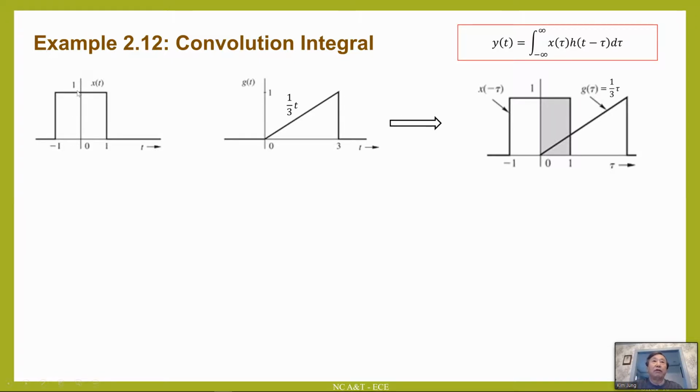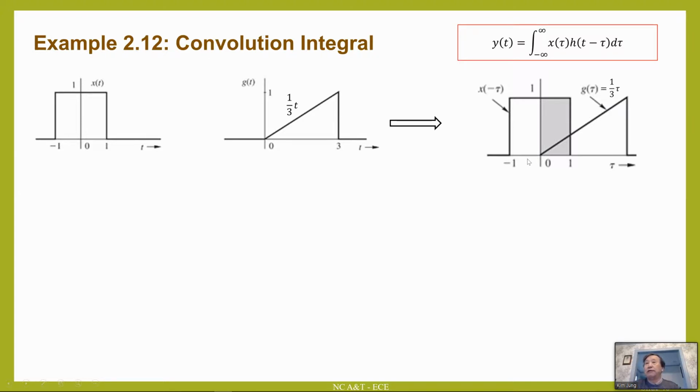From the y-axis, the left side is the same as the right side. In the case of an even function, even though you flip left and right, it's the same thing. But this is the tau domain, and this is x of minus tau. And then the next step, there is still, because this is occupied on the minus side in x of t.